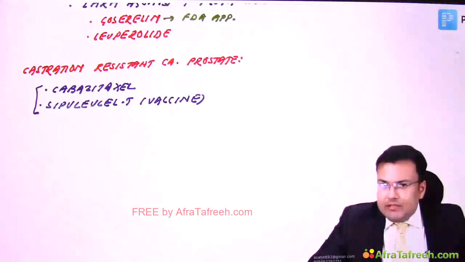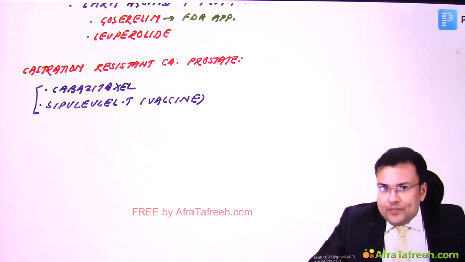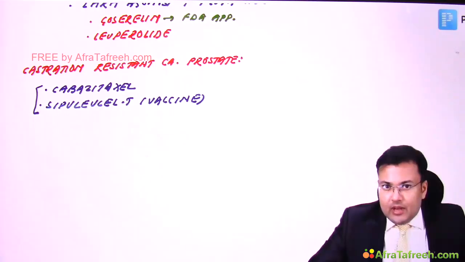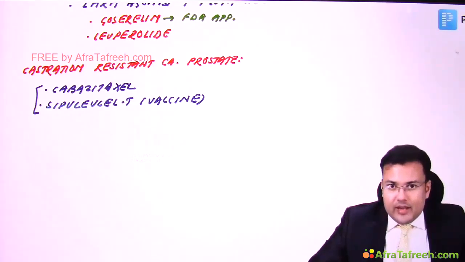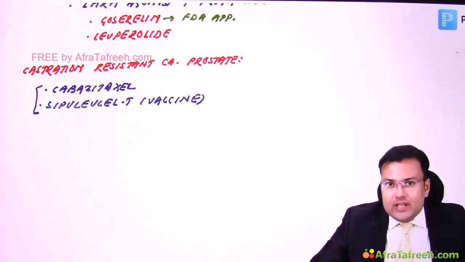After that, there is a question which was asked many times in AIIMS and various other entrance exams. What is the most commonly used histological grading system in carcinoma prostate? You must be knowing the name is Gleason grade. Now there are 2 terms: one is Gleason grade and one is Gleason score. See the concept. First, what is Gleason grade?